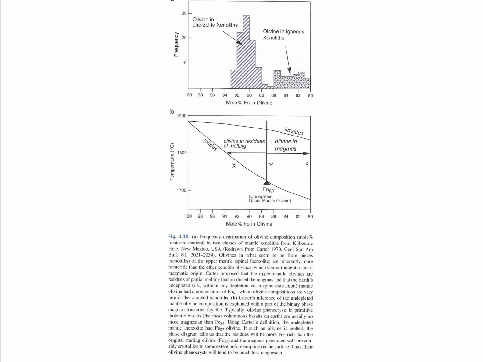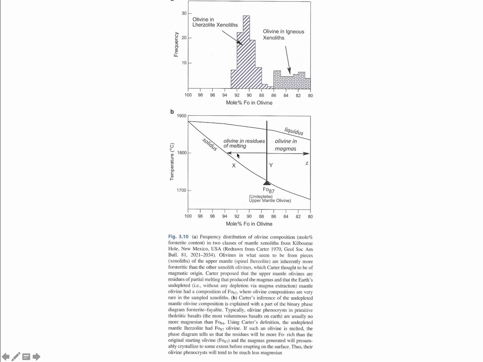And that is also temperature dependent, because the olivines in lherzolites are formed at higher temperature conditions. The olivines in the lherzolites are residues, or are in the residual melt. Then you can see here a part of the banana diagram.